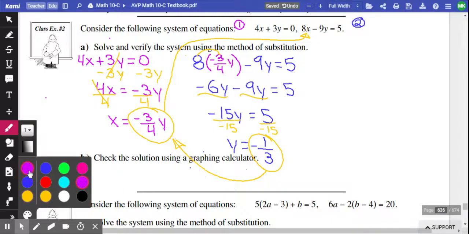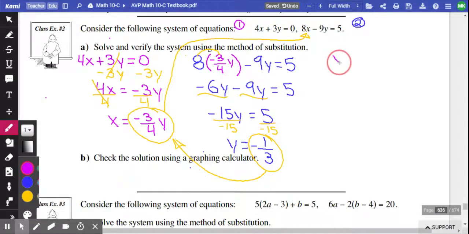When I do that, I don't have much space, so I'm going to have to go back to the right side. I now have x equals negative 3 over 4. And instead of y, I put my answer for y, negative 1 over 3. You then need to multiply those two fractions together.